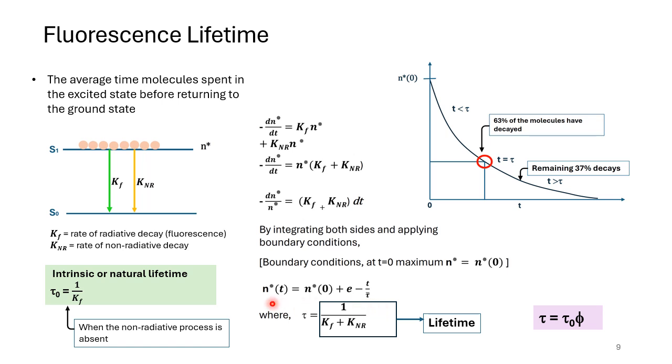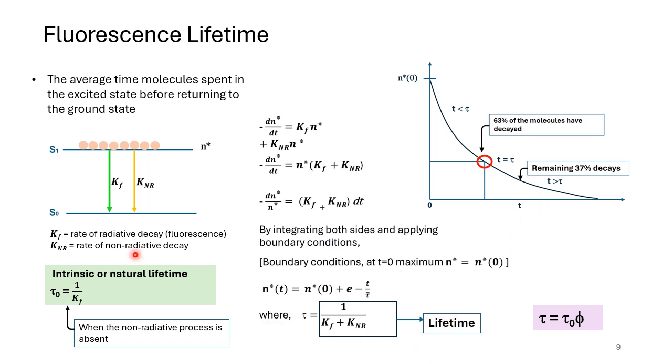So this concentration will be 63% decayed by the time t equals tau. So the major decaying process is happening when t is less than tau, and only the remaining 37% decay is happening when t is greater than tau.